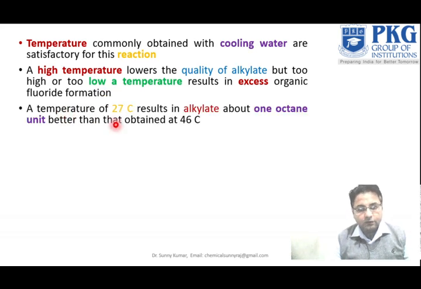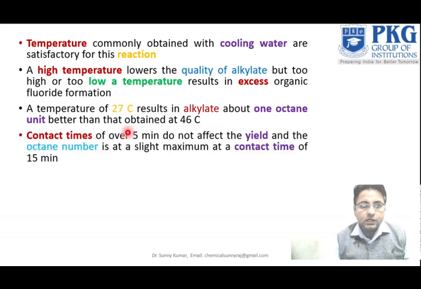A temperature of 27 degrees centigrade results in alkylates about 1 octane unit better than that obtained at 46 degrees centigrade. A contact time of over 5 minutes does not affect the yield, and the octane number is at a slight maximum at a contact time of 15 minutes.